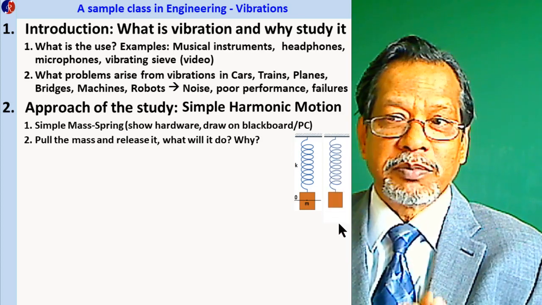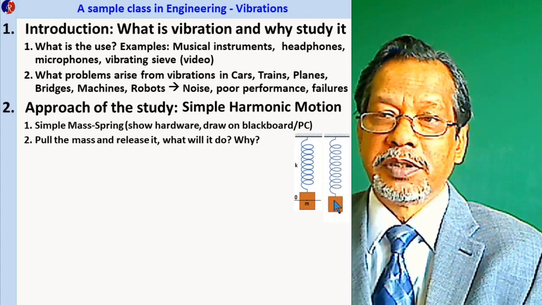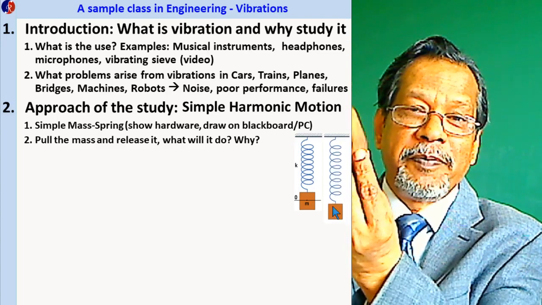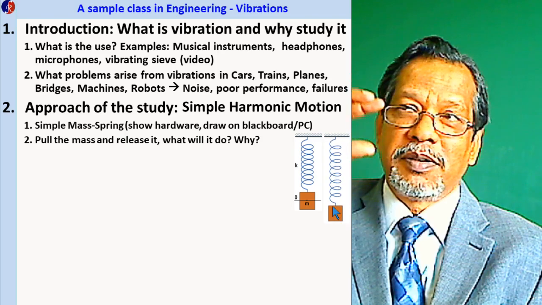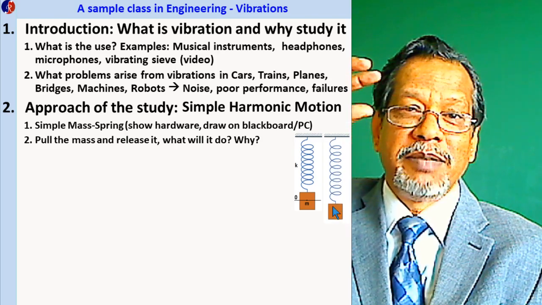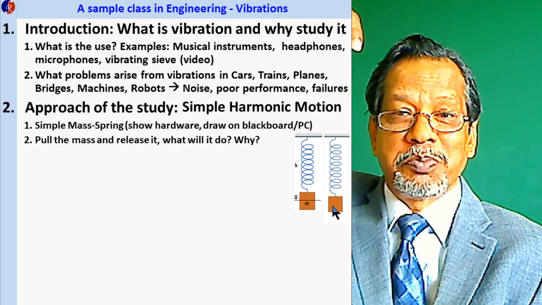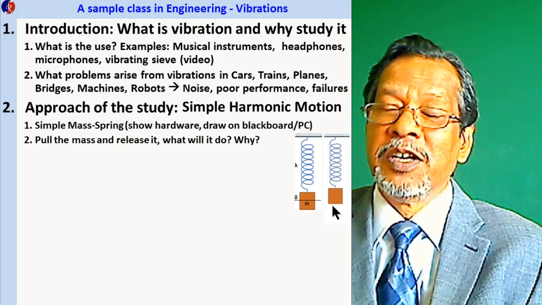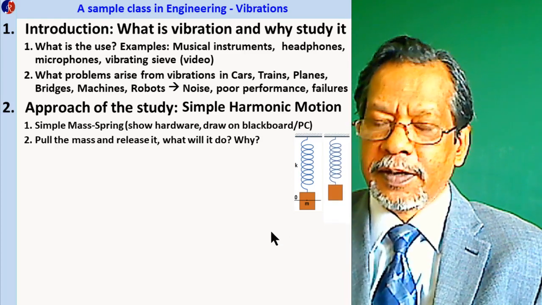It's got some momentum, so it continues to go up because of Newton's first law of motion. Then the spring gets compressed, and spring tries to push it down. And after some time, it moves to a point where it's slowed down to zero speed, but spring is compressed and it's pushing it down, so it comes down again. So that's what happens. Okay, so that's one of the easiest ways to demonstrate vibration.